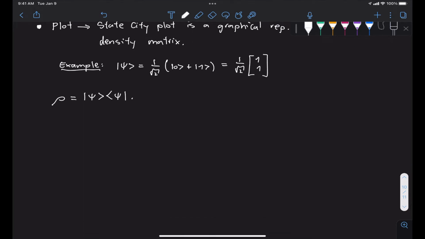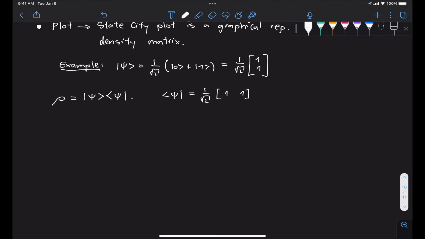So now let's remember that the bra of a state is given by this: if we have a column vector psi, its bra corresponds to the row vector with the complex conjugate of each of its elements.